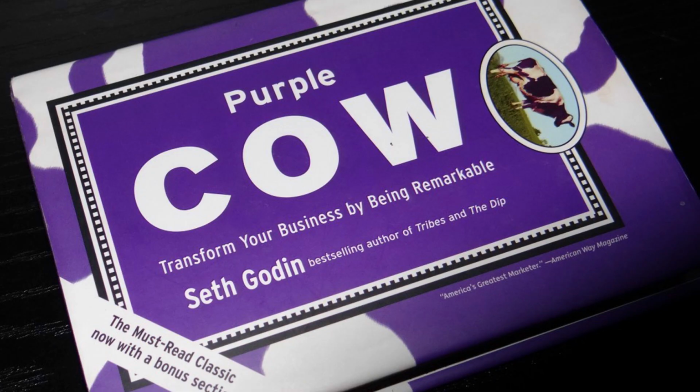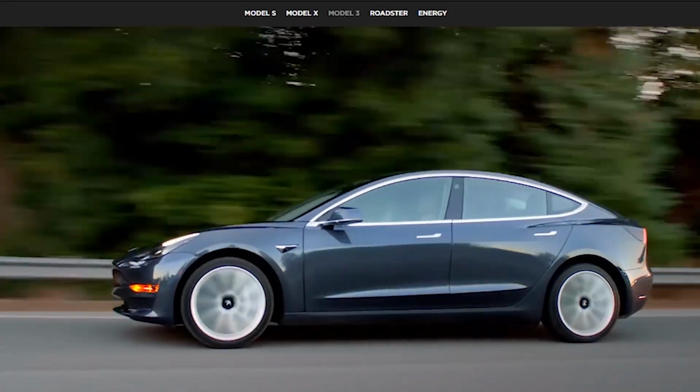The reality is the thing people pay you for has a huge part to do with how you're marketing yourself. In other words, if you looked at what Seth Godin preaches, the purple cow approach, is your marketing just more noise in a noisy environment? Or is what you're marketing doing the marketing itself for you? A perfect example would be Tesla, right? They can take almost zero corporate advertising budget and still grow at a rapid rate because their product is a purple cow.